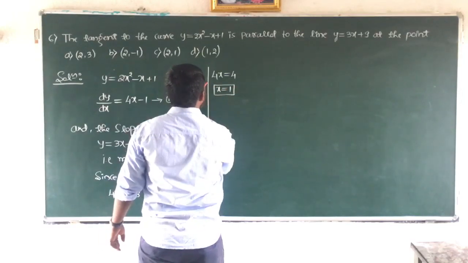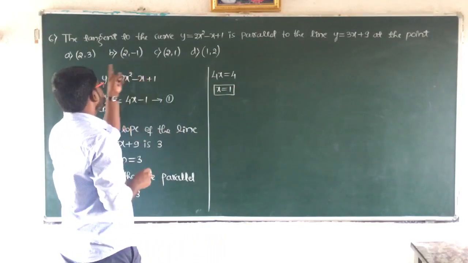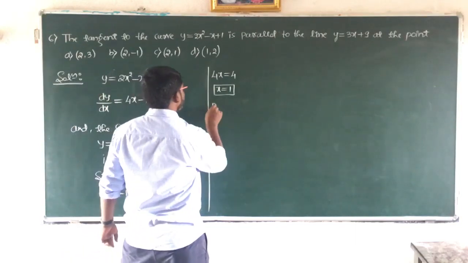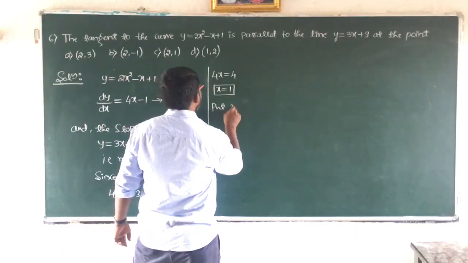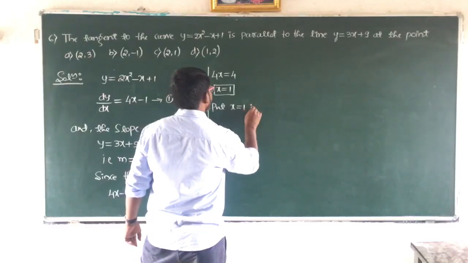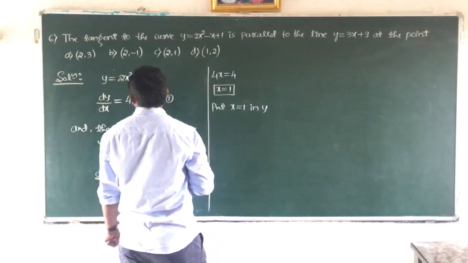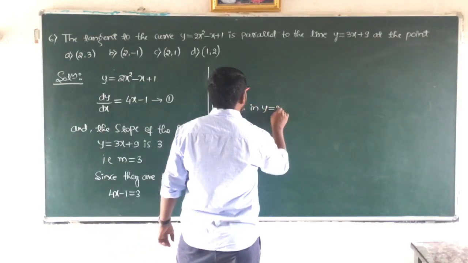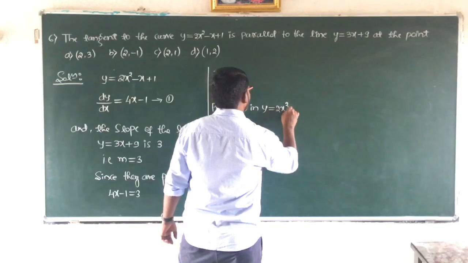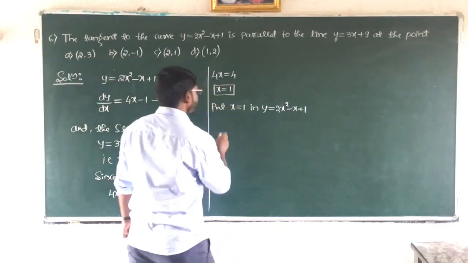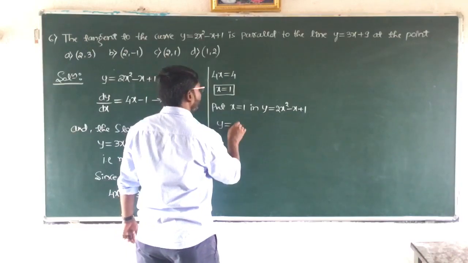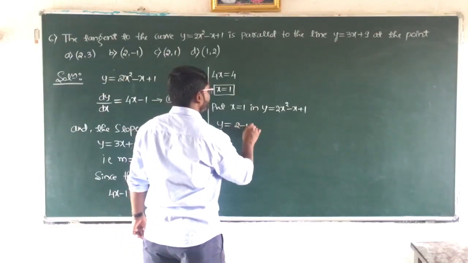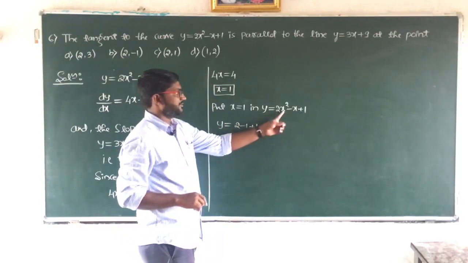Now substitute the value of x equal to 1 in the given curve. Put x equal to 1 in y equal to 2x square minus x plus 1. So, y is equal to 2 minus 1 plus 1, 1 square will be 1.